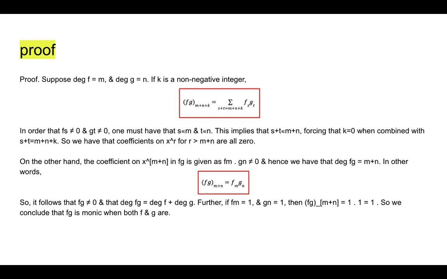This is because the coefficients on all powers of x greater than m plus n have been shown to be 0 already above, and the coefficient on x to the power m plus n is shown to be non-zero, as both fm and gn are non-zero by assumption or by definition. In other words, writing this as a formula, we have that the coefficient in fg of x to the power m plus n is simply fm times gn.